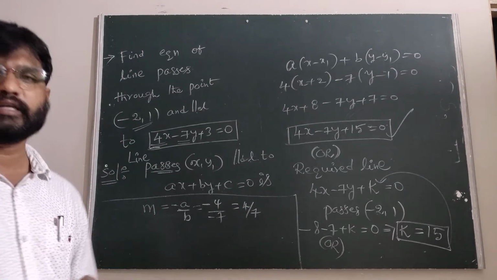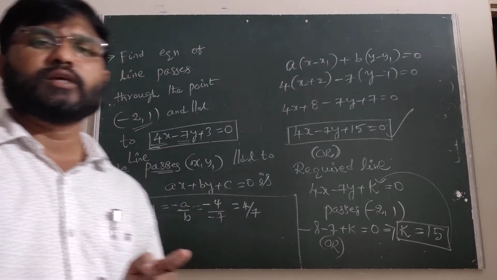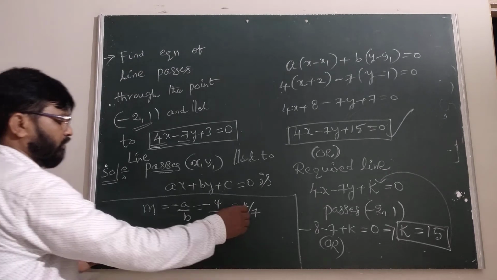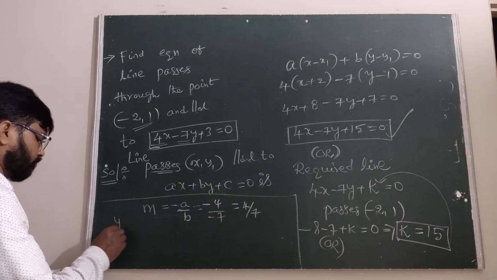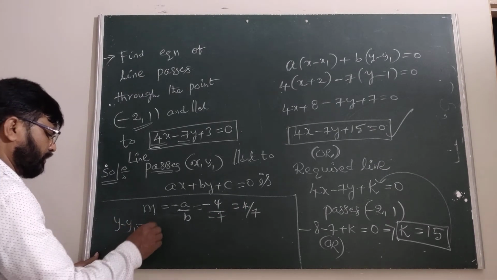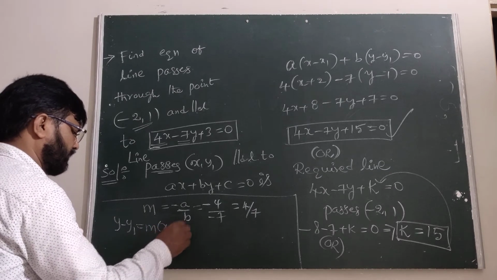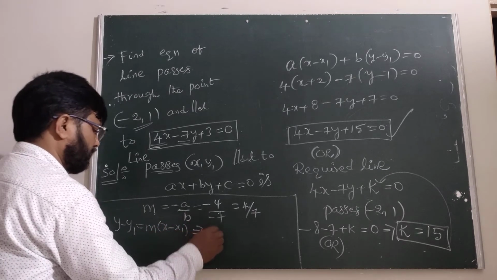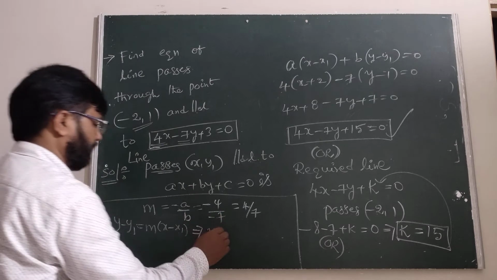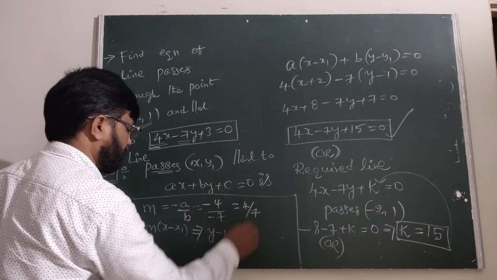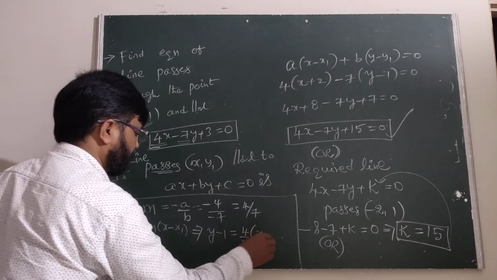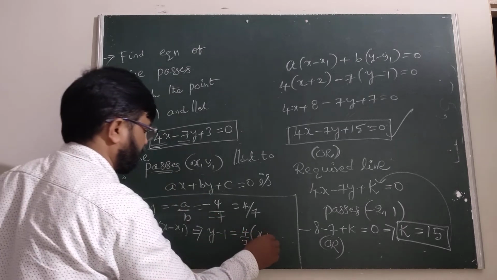We have to know that the equation of the line passing through (x1, y1) having slope m is y − y1 = m(x − x1). That implies y − y1 is y − 1, m is 4/7, into x − x1, which is x + 2.